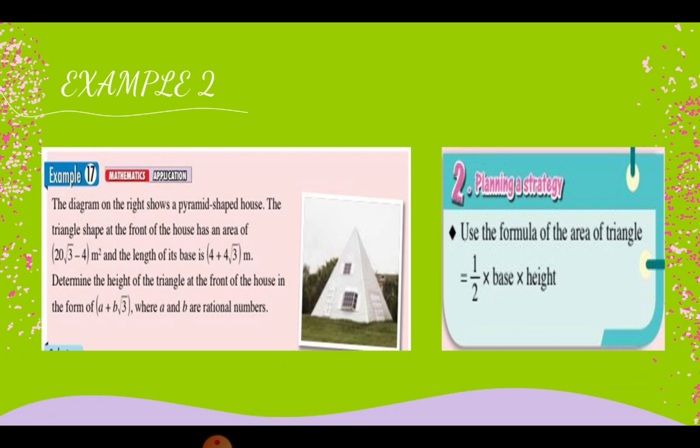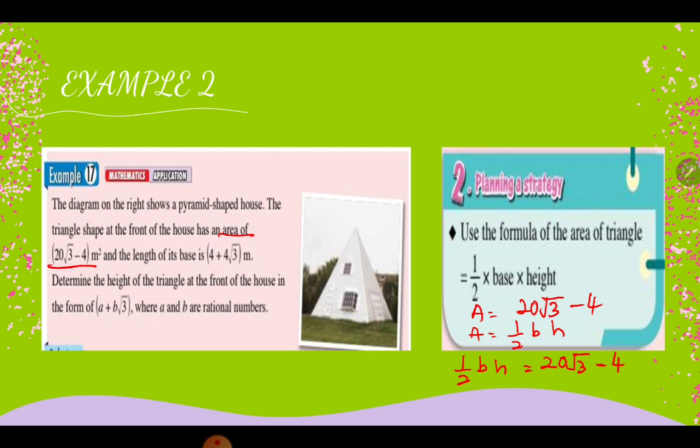So since the area here is 20√3 minus 4, you can claim that the area is half times base times height. So we can say that half times base times height is actually 20√3 minus 4.